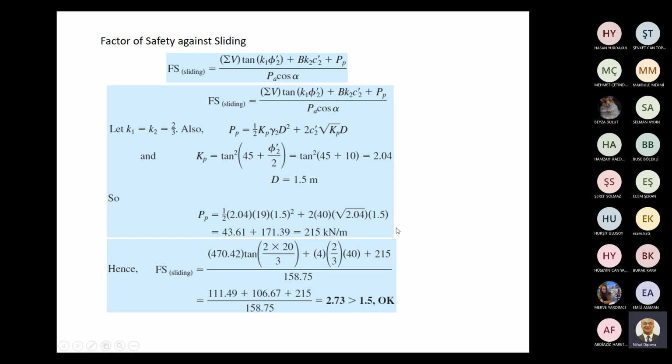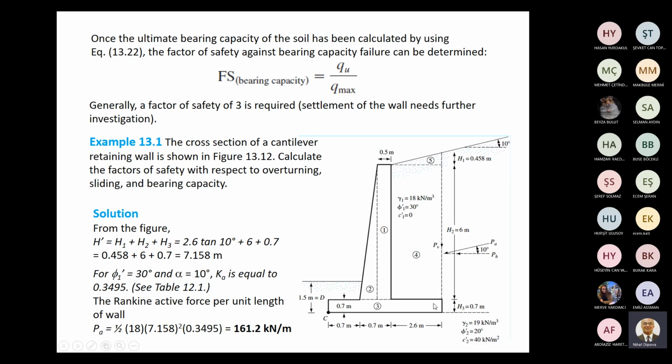But let me repeat again. These are internal friction angle and cohesion of soil. These values cannot be used as resistance of this interface, because this interface is between concrete and soil. So we need to determine friction angle along this concrete soil interface.